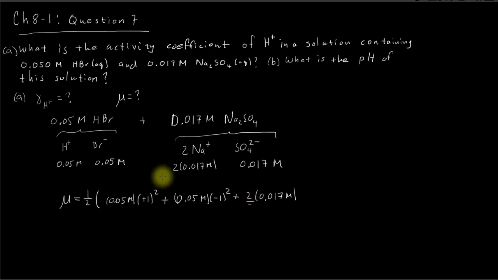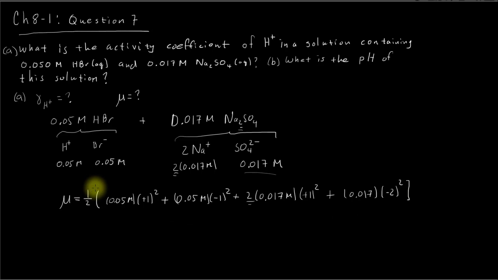The 2 again comes from the stoichiometry, that we have 2 sodiums for every one of these sodium sulfates that dissolve. And then the charge on sodium is +1, that gets squared. Then we need the molarity of the sulfate, so that's 0.017 times the charge, which is -2 squared.